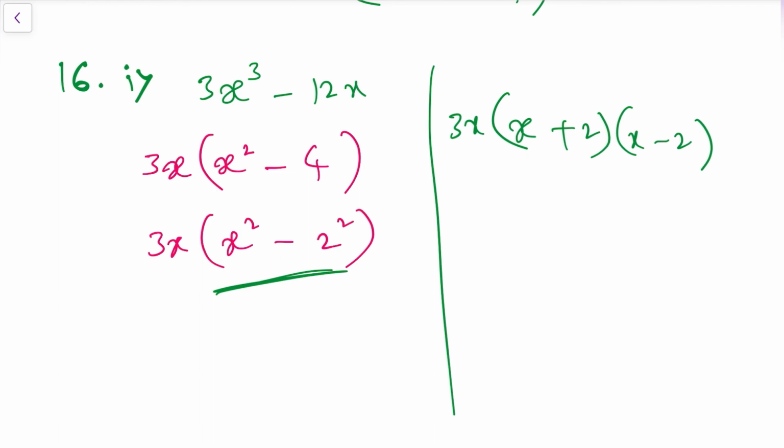Next, in this only 16th one, the second also is there. Second one, 12y square plus 8y minus 20.